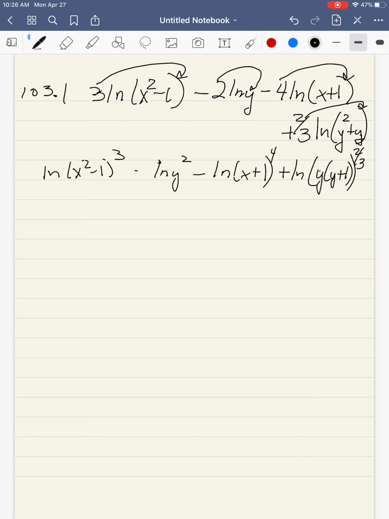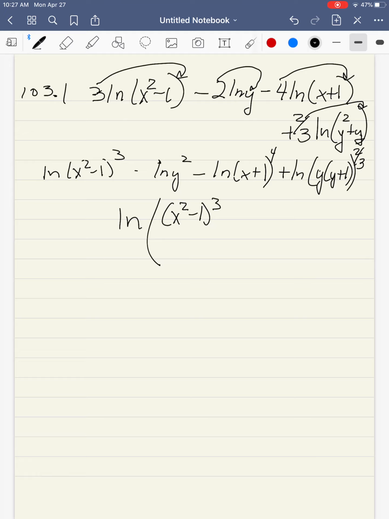All right, so now remember, when logarithms are added, it means that the arguments are multiplied, and when they're subtracted, it means that the arguments are being divided. So the ones with pluses will come out here with the ln. The ones that are positives are in the numerator. They're being multiplied.